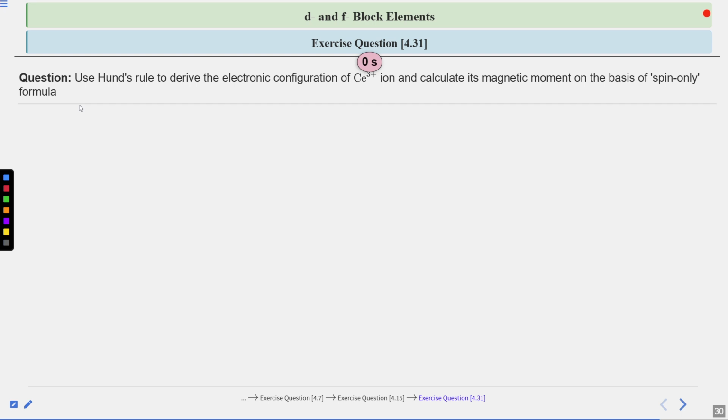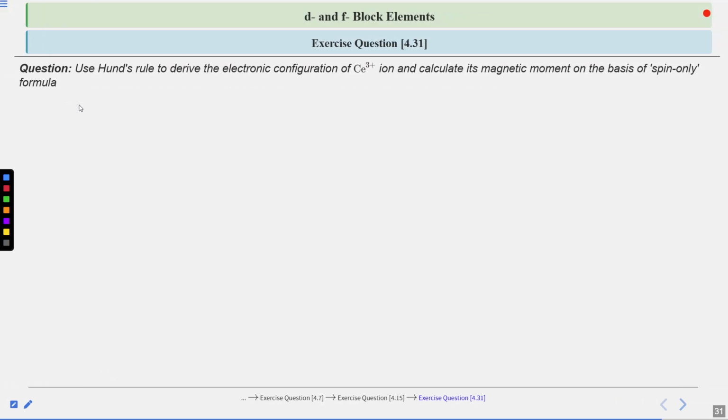Okay, let's see. For this question, we have to write the cerium electronic configuration first using Hund's rule. It will be 1s2, 2s2, 2p6, 3s2, 3p6, 3d10, 4s2, 4p6, 4d10, 5s2, 5p6, 4f1, 5d1 and 6s2.